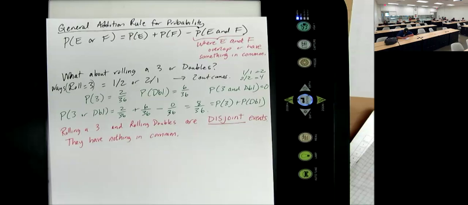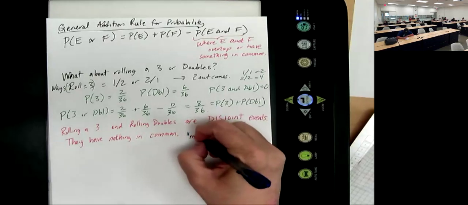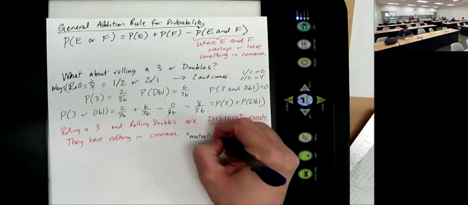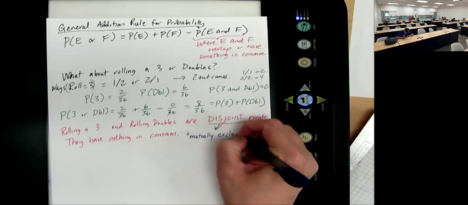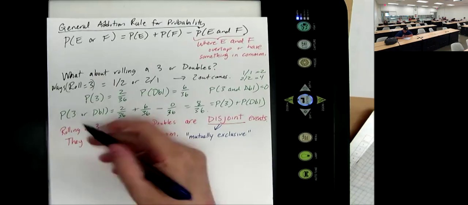Another word for disjoint events, they also say mutually exclusive. The outcomes in one exclude the outcomes in the other. And when that happens, the probability of E and F is 0.